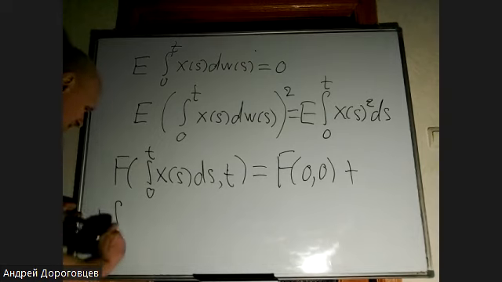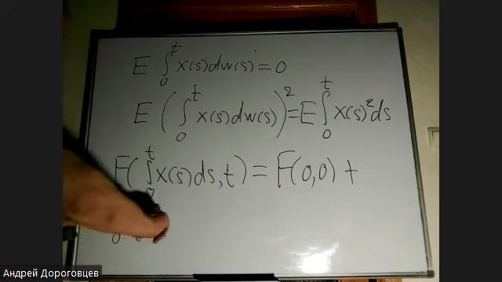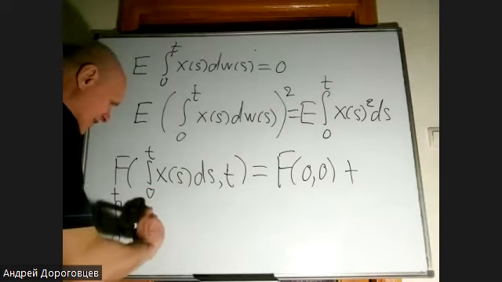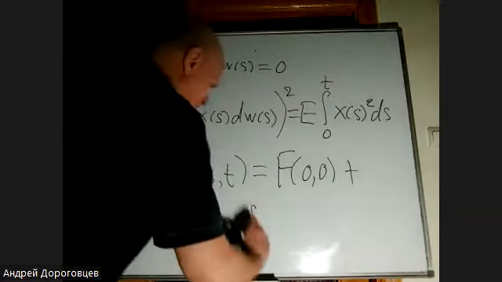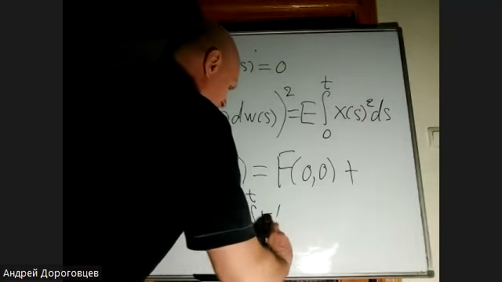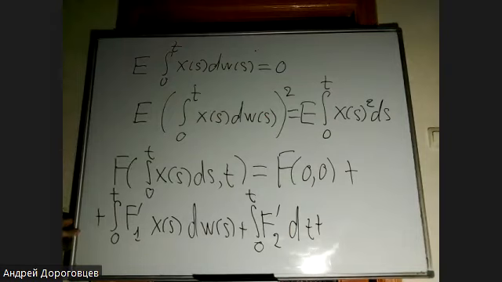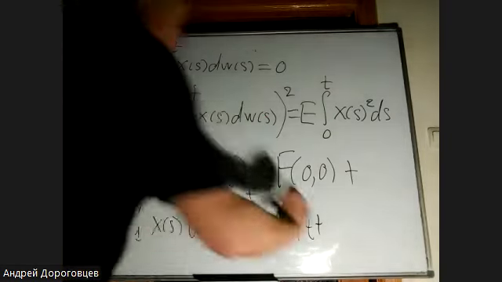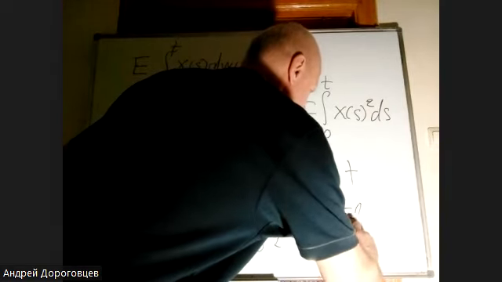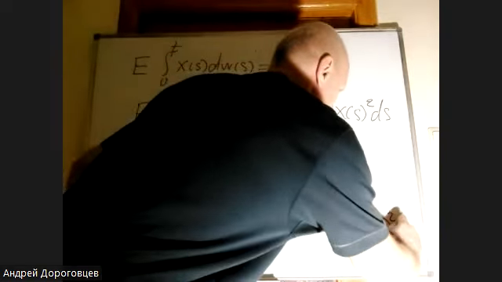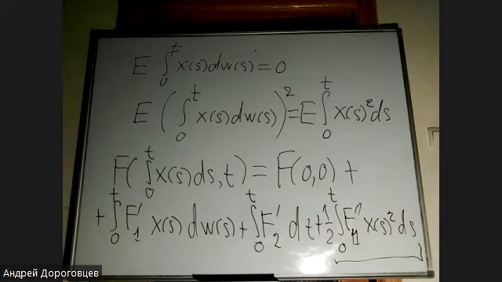Here is the integral from 0 to t of f prime with respect to the first argument, at X(s), dW(s), plus the same term, the integral from 0 to t of f prime with respect to the second argument, dt. And it occurs that we need an additional term, which is sometimes called the Ito term. It is 1/2 of the integral from 0 to t of the second derivative with respect to the first argument, and here is X(s) squared ds. This new term arises due to the properties of the Wiener process.